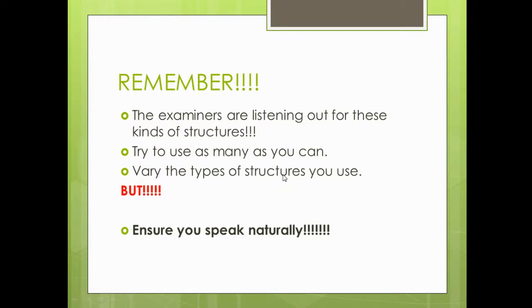Don't continually use one or two types of structures over and over again. But very importantly, please ensure that you speak naturally. What you don't want is to fill your speech with lots of these different types of phrases so that you sound very unnatural. You have to speak in good, natural English. So don't overuse different types of structures. The examiner wants to hear that you're actually trying to answer the question.